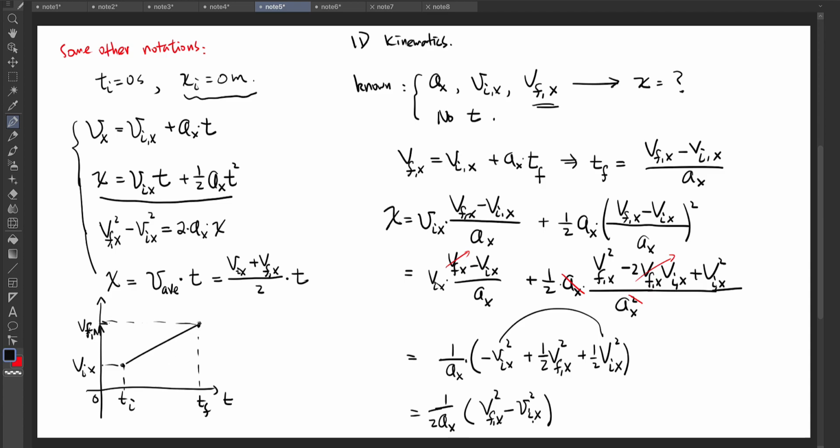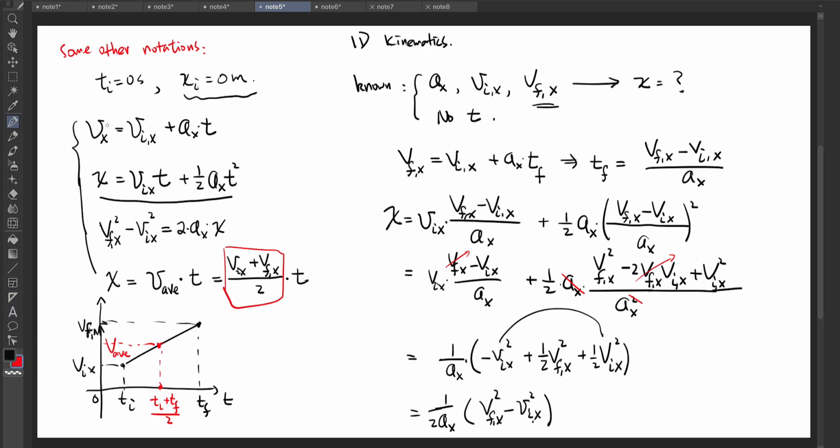Then their average is in the middle point. That's v average. The average velocity for this time interval should be right at the midpoint here. So that's why I replaced the average with this average of initial and final.